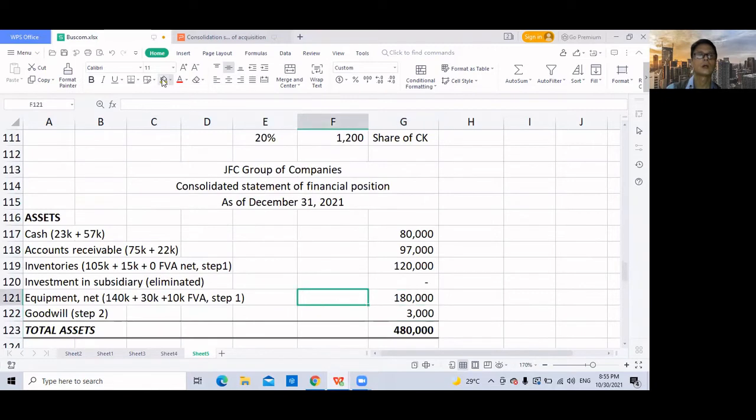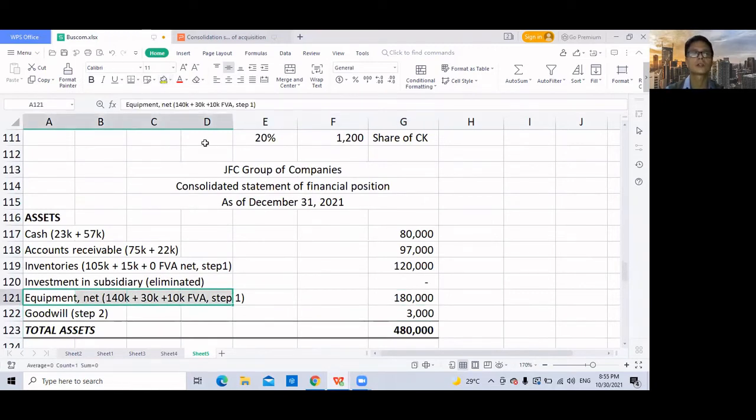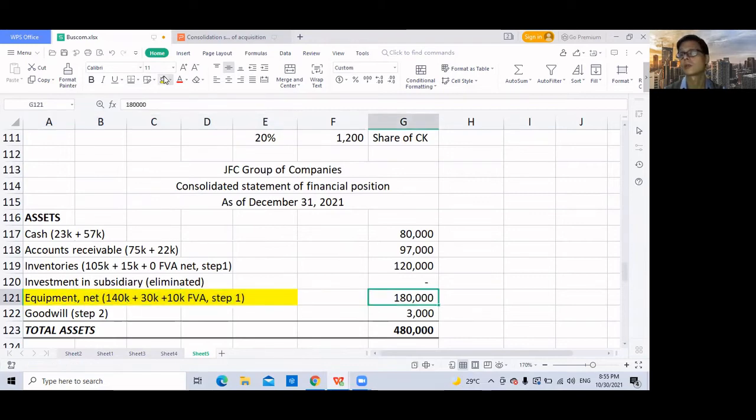So that's 140,000 plus 140,000, plus 30,000 plus 10,000, from what we got in step 1, equals 180,000. And then the goodwill of 3,000 that we computed, the 93 less 90. So we have total assets of 480,000.